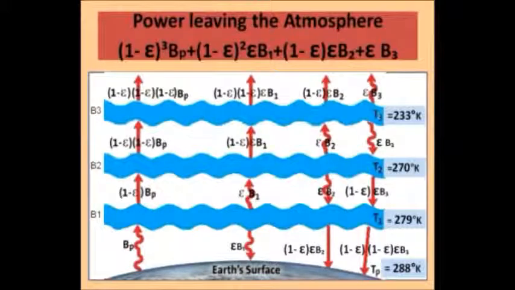The power leaving the top of the troposphere is (1 minus epsilon) all cubed times BP plus (1 minus epsilon) all squared times epsilon B1 plus (1 minus epsilon) times epsilon B2 plus epsilon B3.